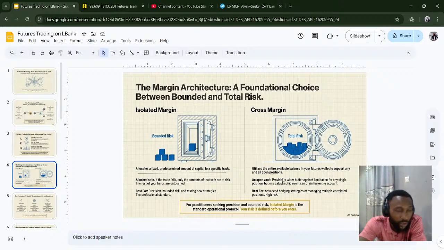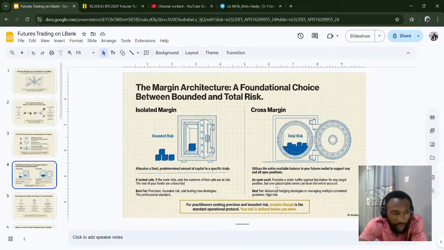So any position, your BTC position, your Solana position, and your Ethereum position, once you're using cross margin, it uses the available balance. It has access to your wallet. So it's an open vault. An open vault provides a wider buffer against liquidation for any single position. That's the advantage.